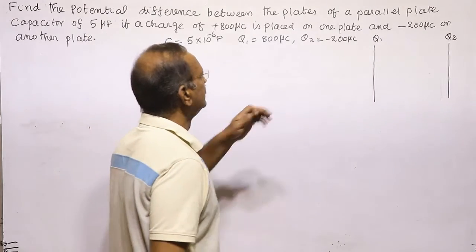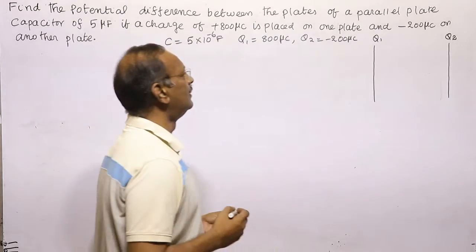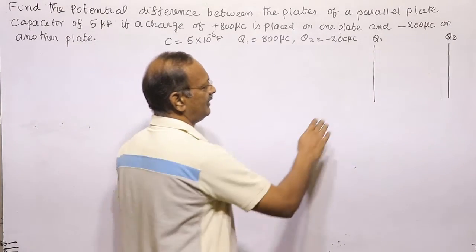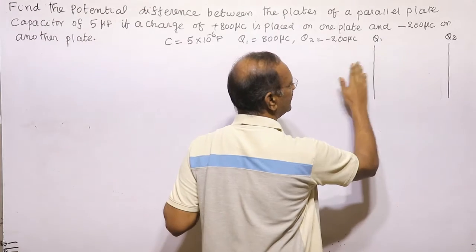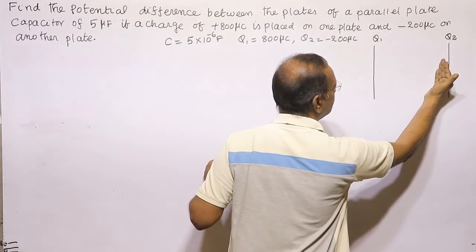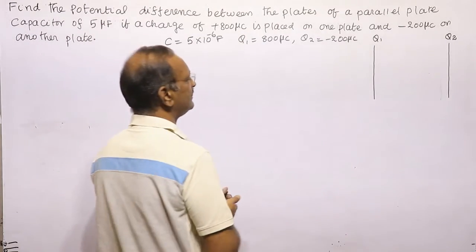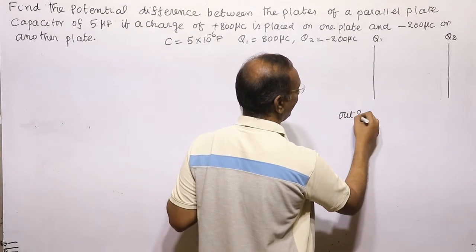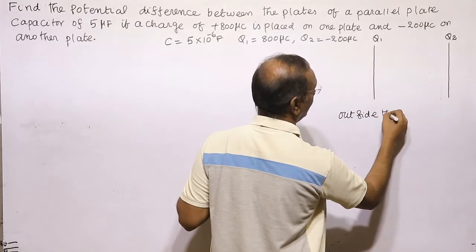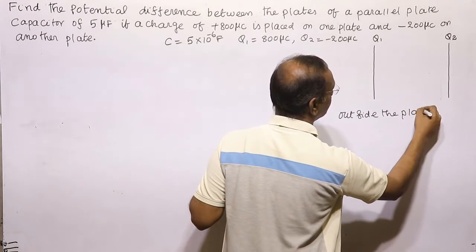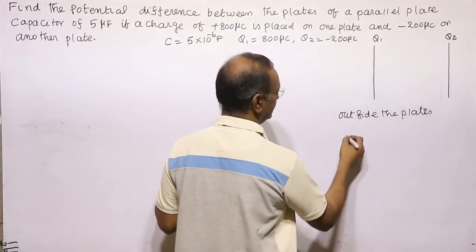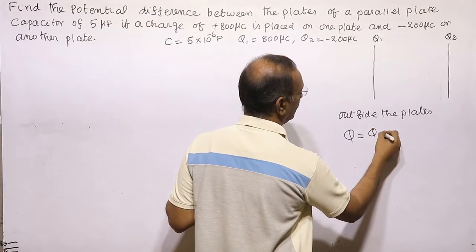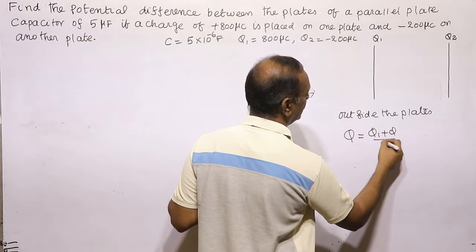Now this is the case. Q1 and Q2 are not equal. If they are not equal, the method to find the charge outside the plates is: Q is equal to add all the charges and divide by 2.